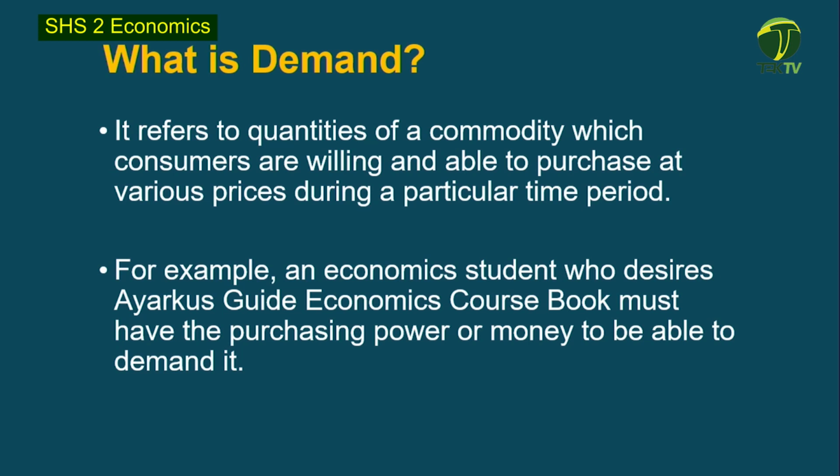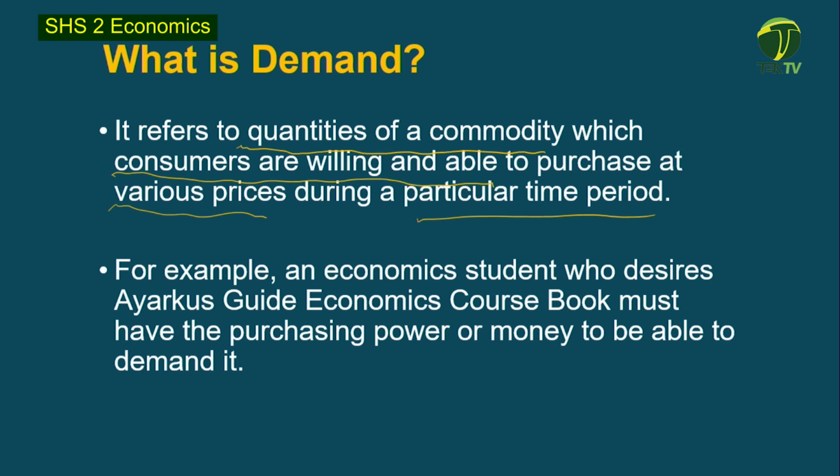Quantities of commodities. Let's take note of these words. It says demand has to do with quantities of commodities which consumers are willing and able to purchase at various prices during a particular period of time.